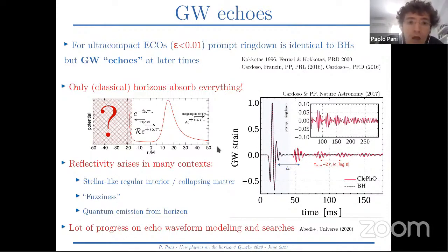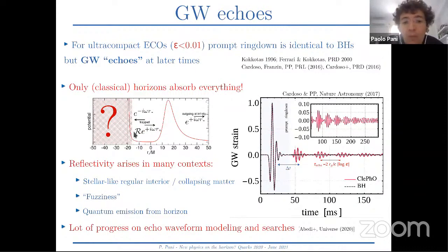An important point I want to stress is that this effect inevitably should occur anytime you don't have a classical horizon, because by definition, only classical horizons absorb everything. But if you have, say, some matter field very close to the horizon, or some fuzziness of your space-time, or quantum emission from the horizon, anyway, you will have some reflectivity.